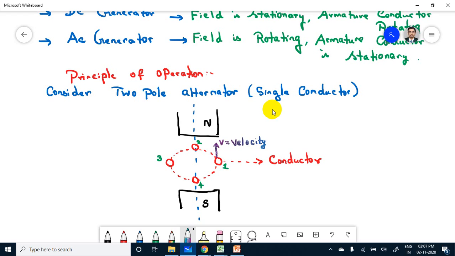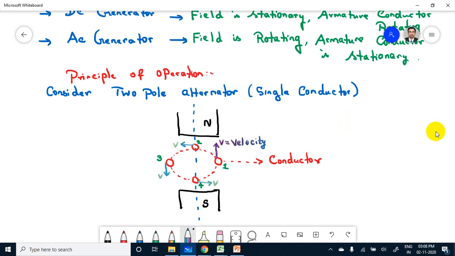For conductor 1 the velocity is upward. For conductor 2 it is along the horizontal line. For conductor 3 the velocity is downward. For conductor 4 it is horizontal, toward the right-hand side. So this arrow mark is the velocity direction for the four conductors.